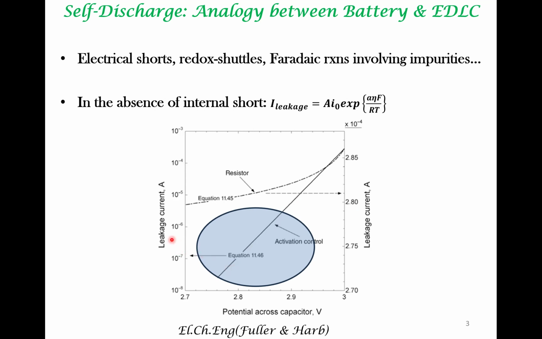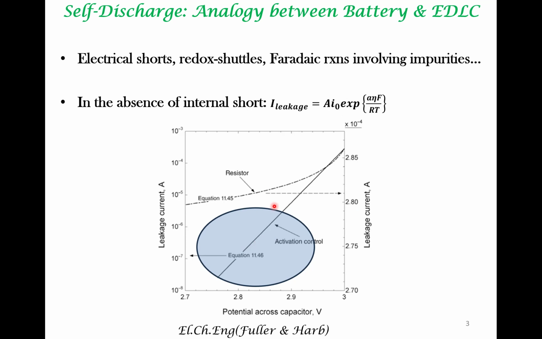In this behavior, assuming some kind of Faradaic reaction that contributes to leakage current of EDLC, the voltage does not change that significantly when the leakage current changes. There is an order of magnitude difference in the leakage current, but the change in voltage is not that much. So there are two different behaviors.